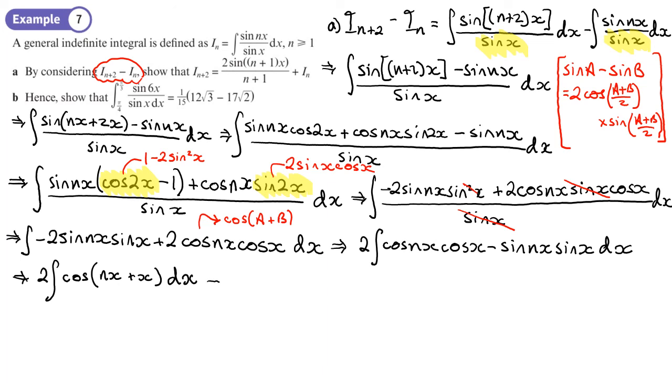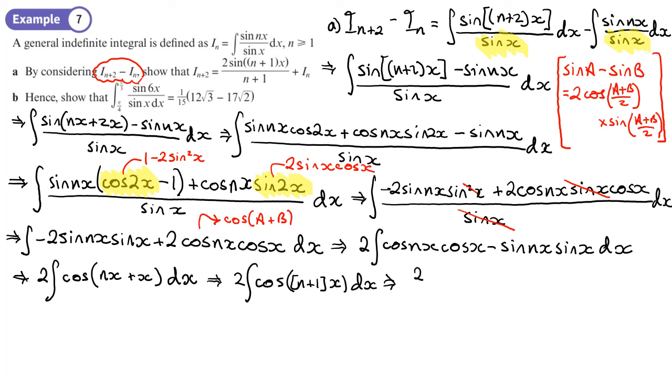Now if we write it like this, cos and then in brackets the (n plus 1) times x, we can see that we can easily integrate that by using the reverse chain rule.